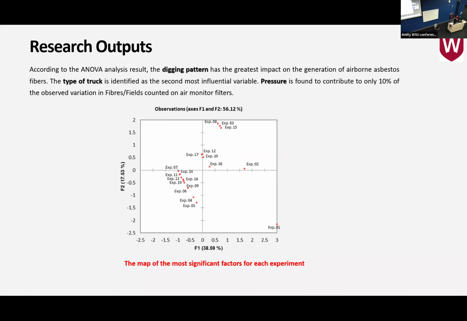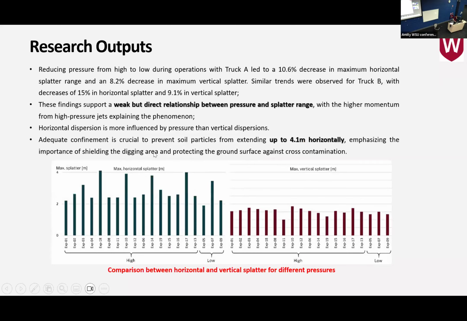And we didn't find any conclusive result that any of those factors are independently responsible for the phenomena we were observing, but a combination of all three was technically what was controlling the process. So truck, pressure, and digging pattern together controlled the things.